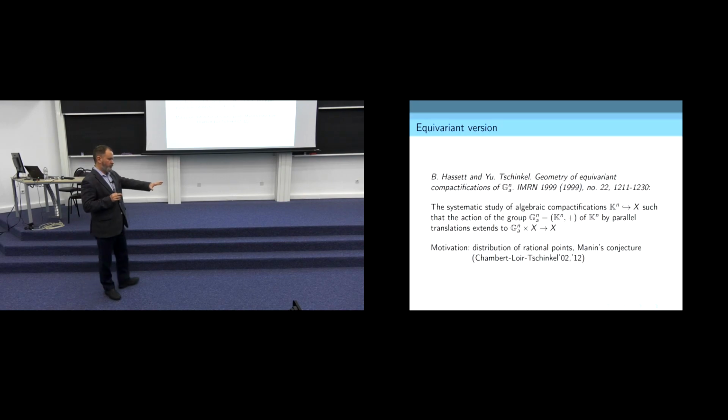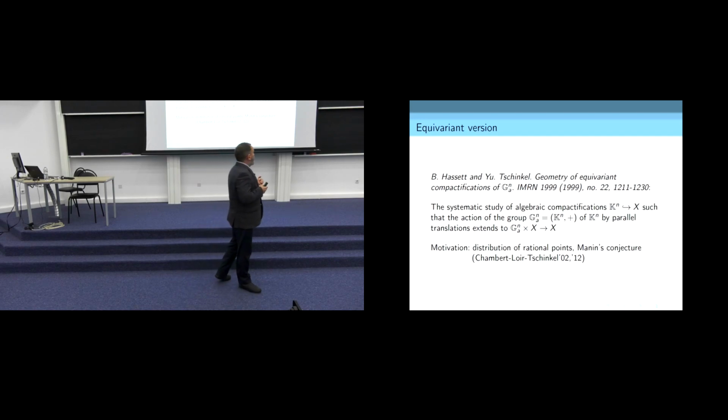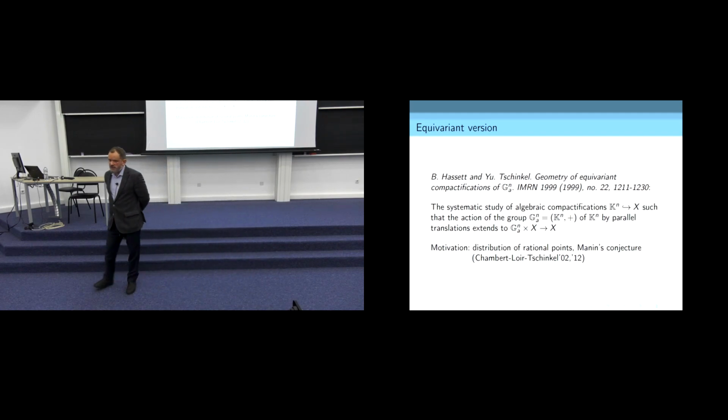I take some group which acts on affine space, and I ask that this action can be extended to the whole ambient complete variety. And which group should I take? I don't know which group acts on affine spaces, say the general linear group, the special linear group. But the idea is to take the group of translations. My affine space has the structure of a group, just a vector group.